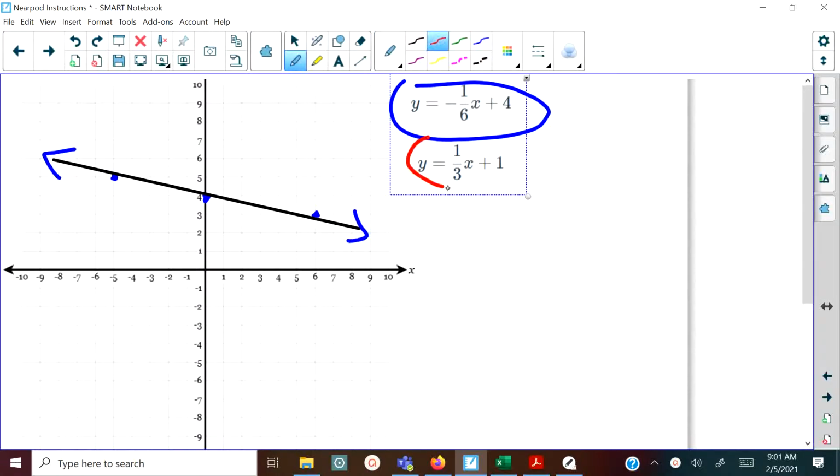Now we're going to do this one. Start at 1 and go up 1 and over 3, up 1 and over 3, or down 1 and back 3.